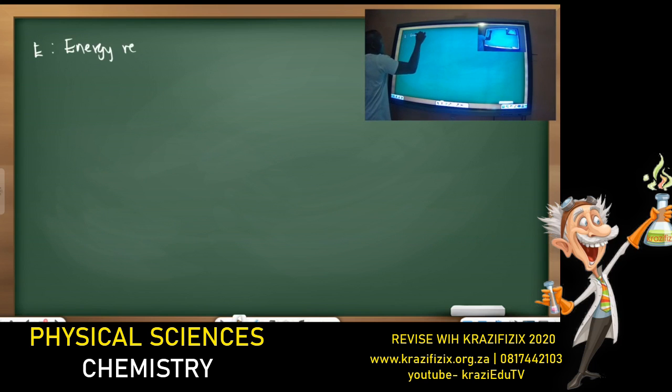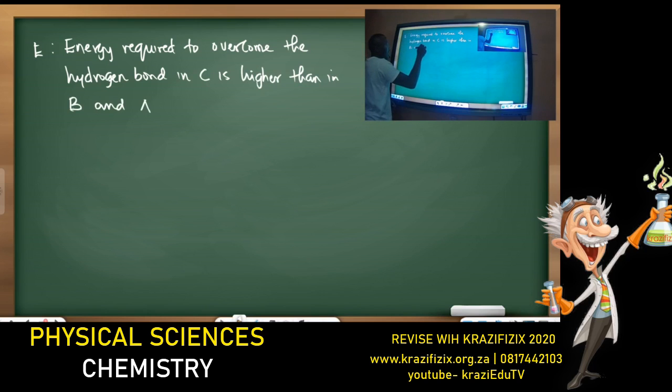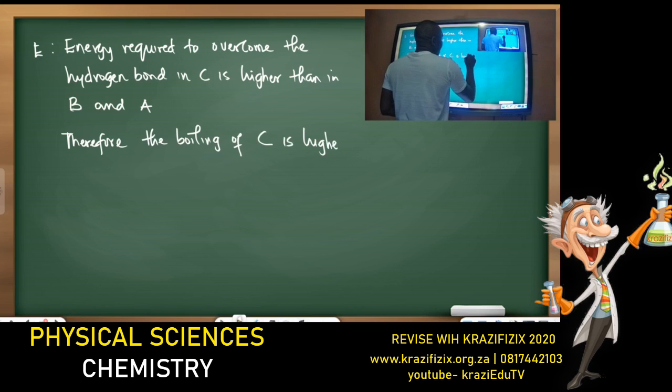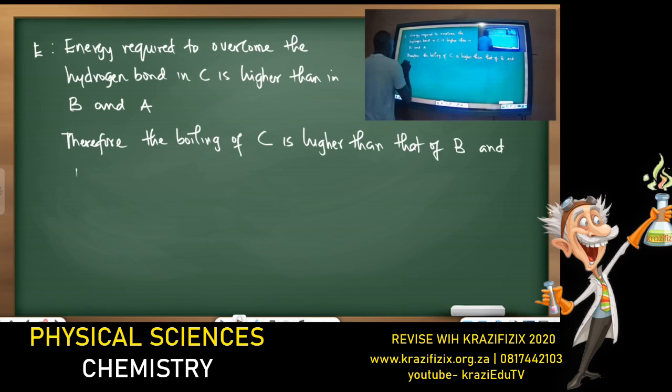The energy required to overcome the hydrogen bond in C is higher than in B and A. Therefore, the boiling point of C, you see, they said fully, boiling point of C is higher than that of B, and B higher than A. Guys, you have your full marks, and I hope it makes sense.